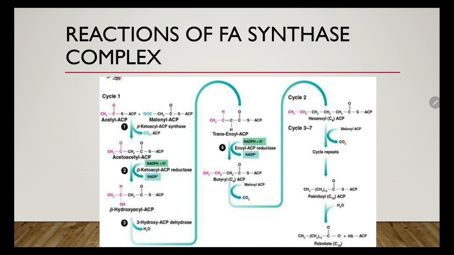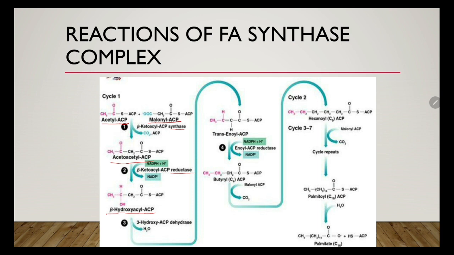So there is acetyl ACP and malonyl ACP acting together with the help of the enzyme beta-ketoacyl ACP synthase to form acetoacetyl ACP. This acetoacetyl ACP undergoes a reaction to form beta-hydroxyacyl ACP in the presence of beta-ketoacyl ACP reductase.